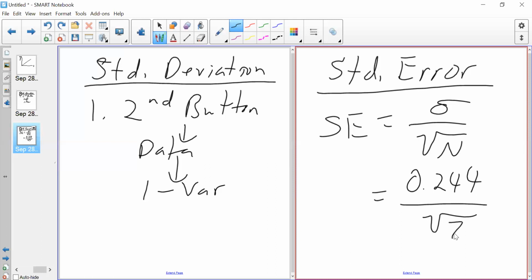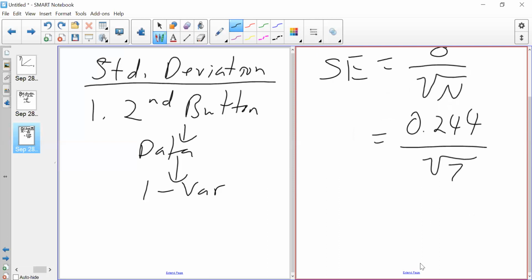Whatever your standard deviation is, you're going to divide it by the square root of the number of data points that you have. So it's going to be 0.244 divided by the square root of 7. I get all my parentheses, right? So we get 0.09. So that is basically a check on the standard deviation.